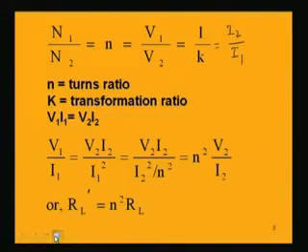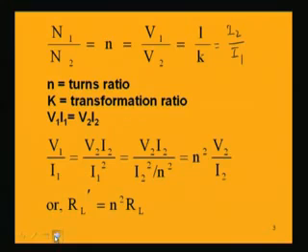Now in this transformer, N1 is the number of turns in the primary winding and N2 is the number of turns in the secondary winding. The ratio between N1 and N2 is the turns ratio, denoted by a small n, and that is equal to V1 by V2.